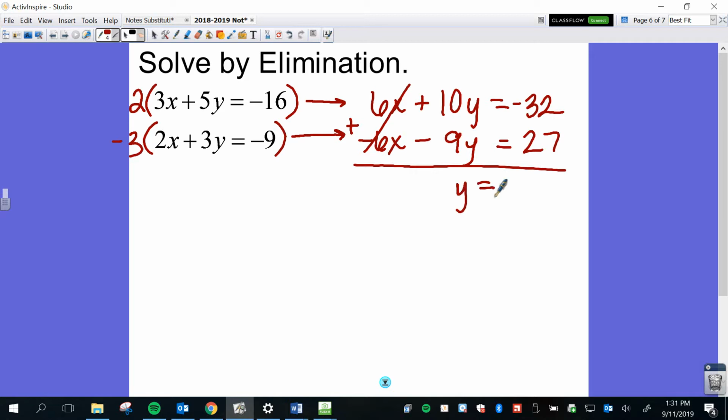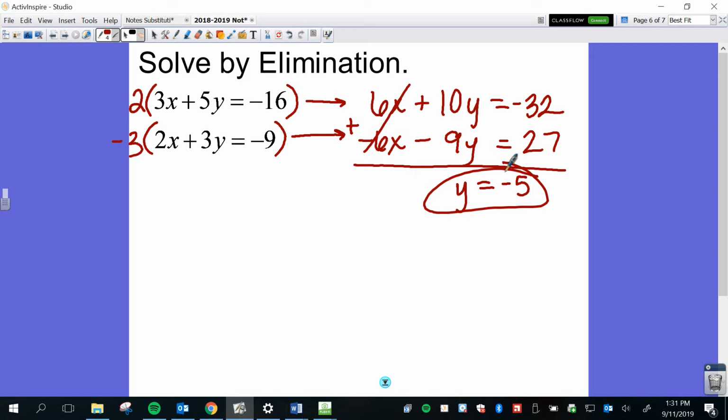Equals negative 32 plus 27, negative 5. Okay, well that one simplified really quickly, right? There's y. Now we plug in to get x. And you've got 4 equations you can choose from. You just got to pick one. Pick the smallest number one, which I don't know what to put. Second equation?